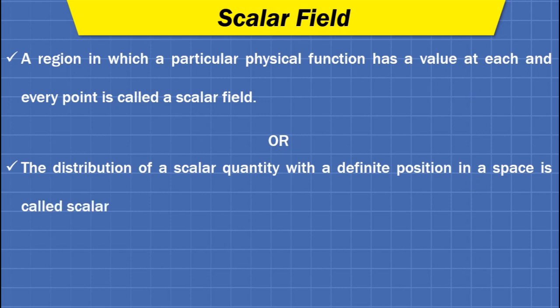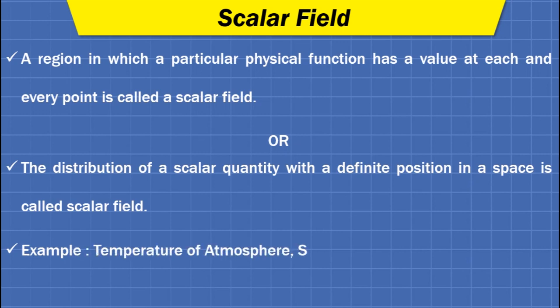Fine. So generally any scalar quantity, if it has its effect around its neighboring space, then that space is called a scalar field in simple words. For example, temperature of the atmosphere and sound in an auditorium. There are many more examples, but these two are very easy for us to understand.